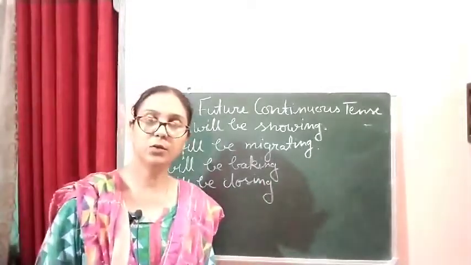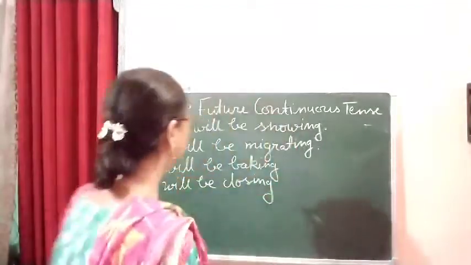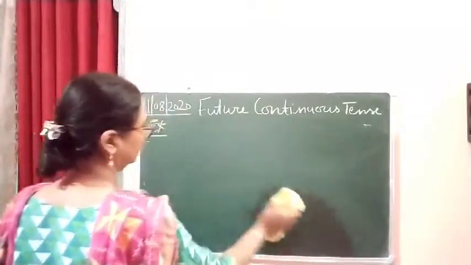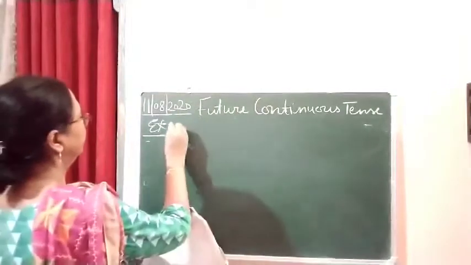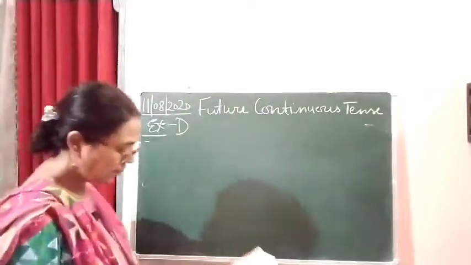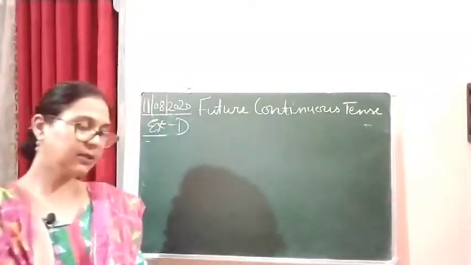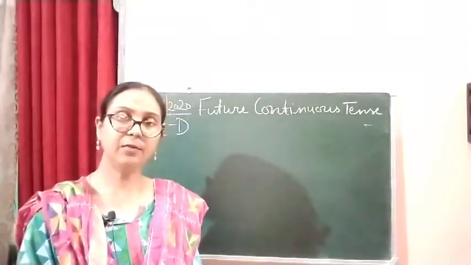Now we are moving to solve exercise number D on the same page, page number 80. Rewrite the following sentences in negative and interrogative forms that we have learned.